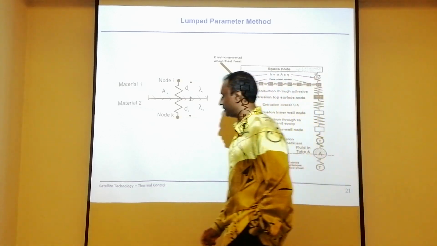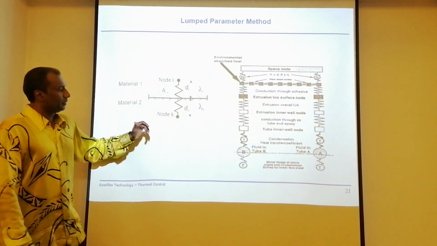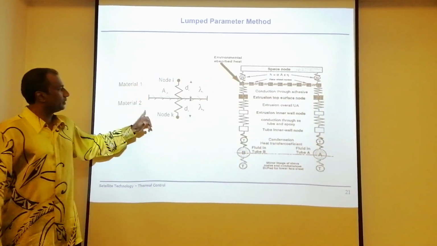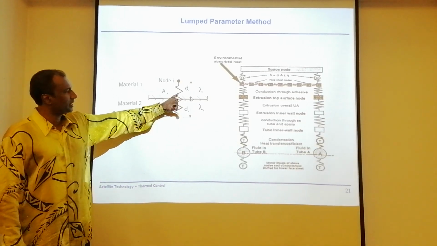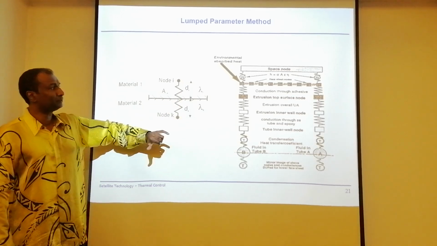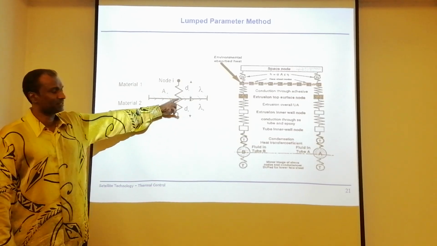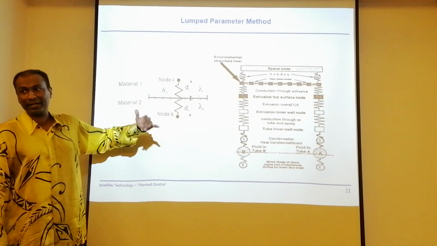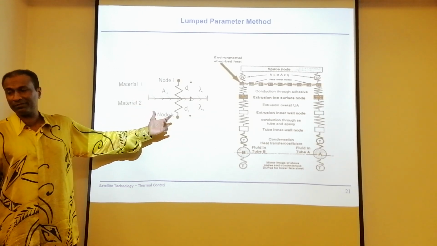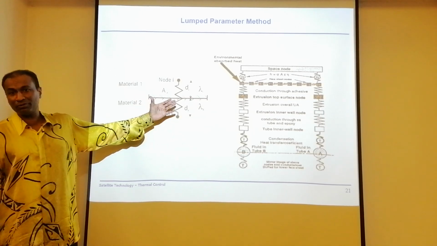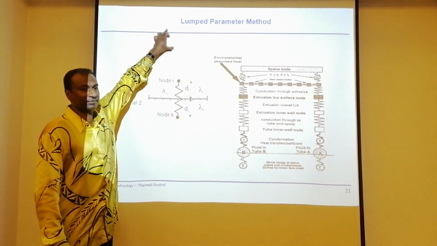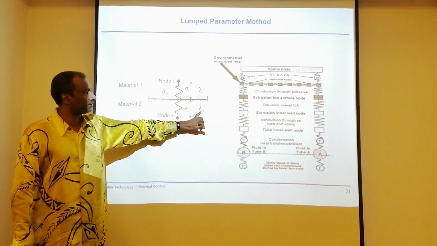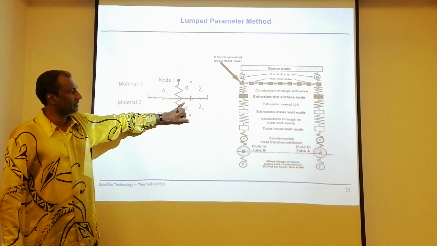Now it's easy. Look at that here. If I treat this as a spring, this is basically a series spring. So technically I can use the same law that we have used in electrical to calculate this heat transfer. You can have layers after layers after layers, depending on lambda 1 up to lambda k and thickness.